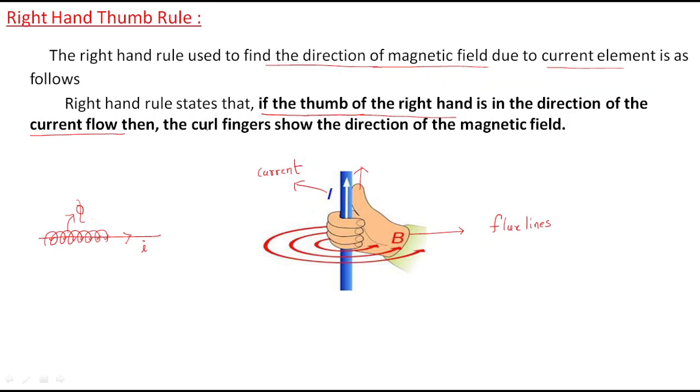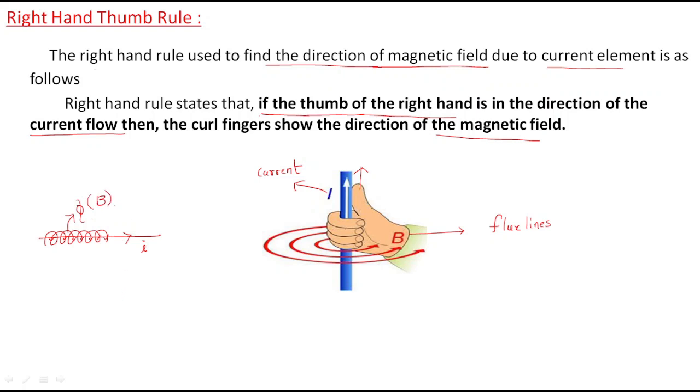The curled fingers show the direction of the magnetic field. Whenever current flows like this, the curled fingers show the direction of the magnetic field. Same here, current flows and the flux density is nothing but the flux. Simple right hand thumb rule.